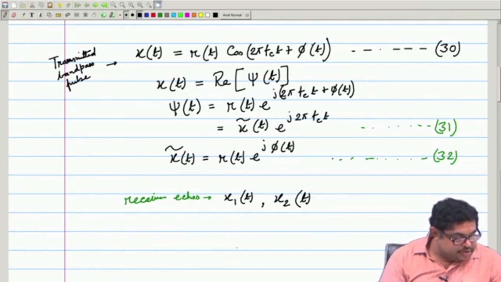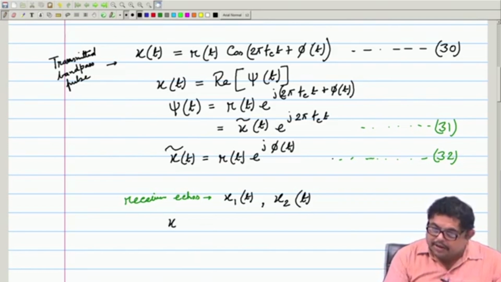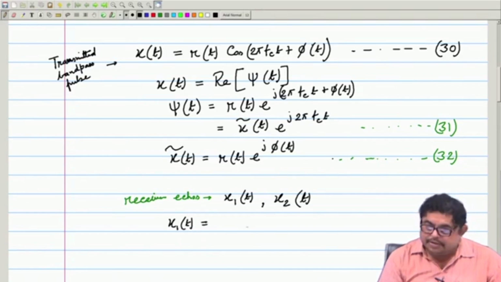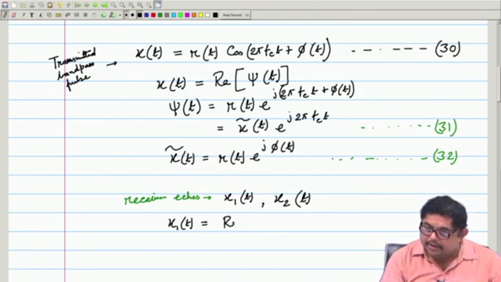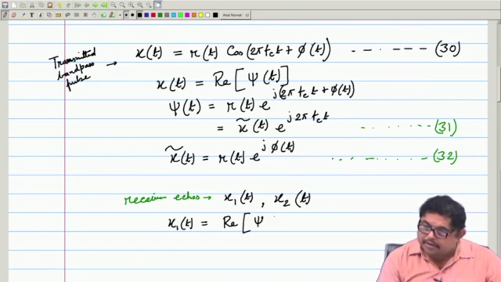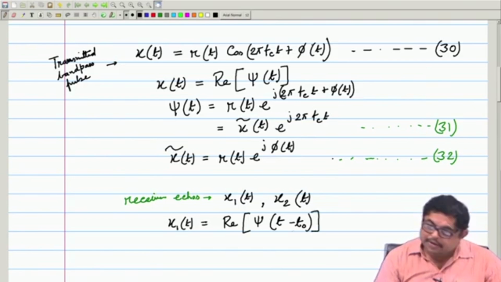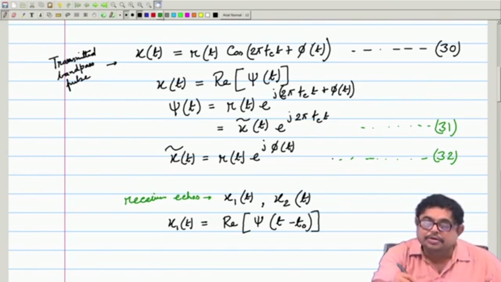Then we can find their pre-envelopes. So, we can write that for x_1(t), its pre-envelope I can call psi_1, and psi is for the transmitted signal. So, I can write psi(t minus t_0).